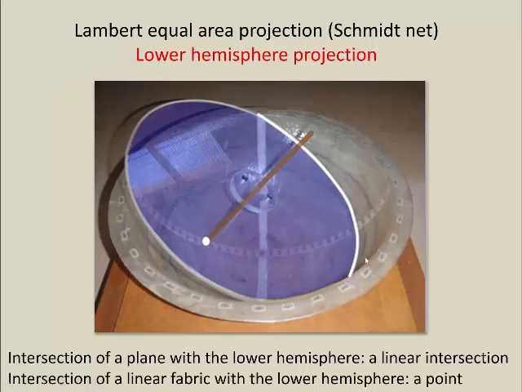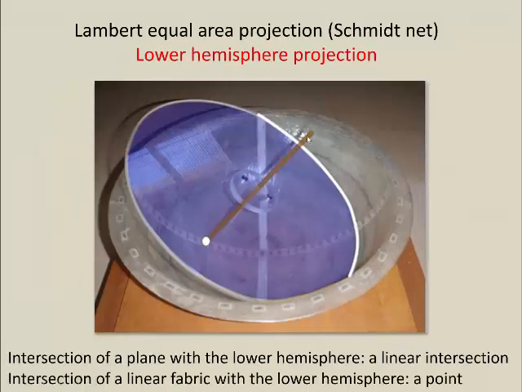We see that highlighted as a curving intersection line. We see it ending here because it's hidden by the rim, but actually this intersection line ends at this point, right opposite of the point where the intersection line starts. You might guess that this indicates the strike of this plane.